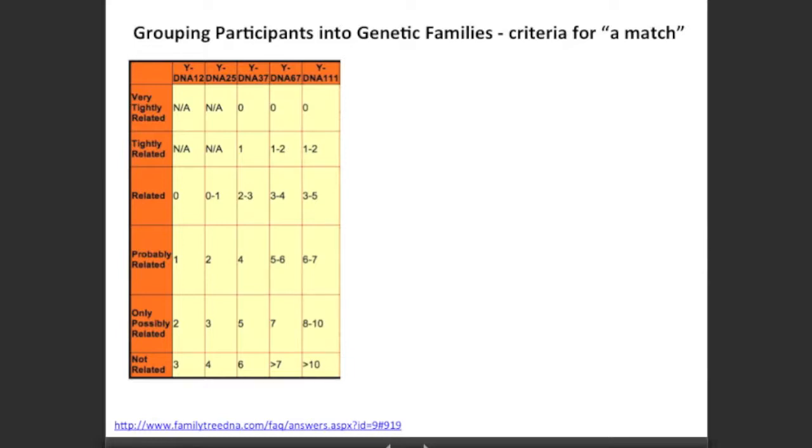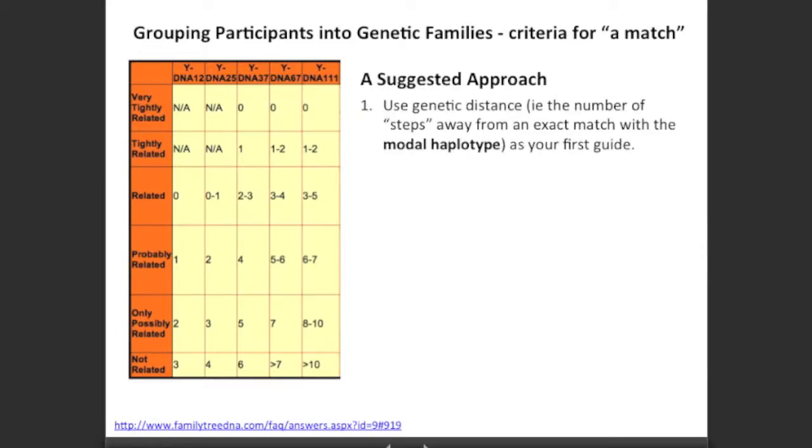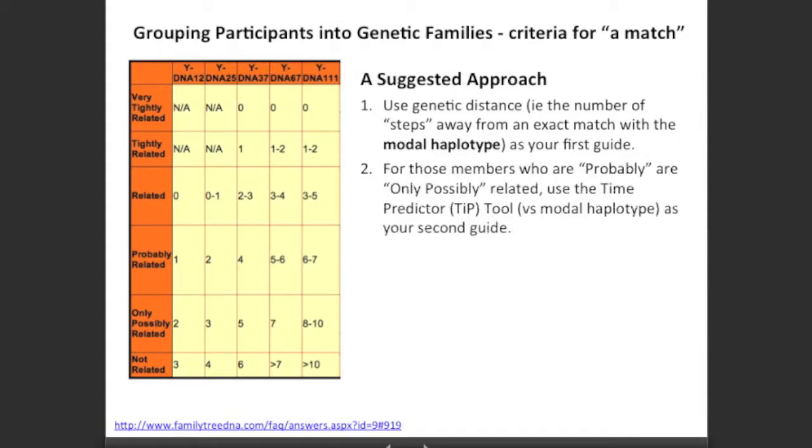So, a suggested approach to this would be that you use this genetic distance guide for the first 3 categories. Use it as your first guide. But for those members who are probably or only possibly related, these ones down here, use the TIP tool, time predictor tool, comparing it against the modal haplotype as your second guide.